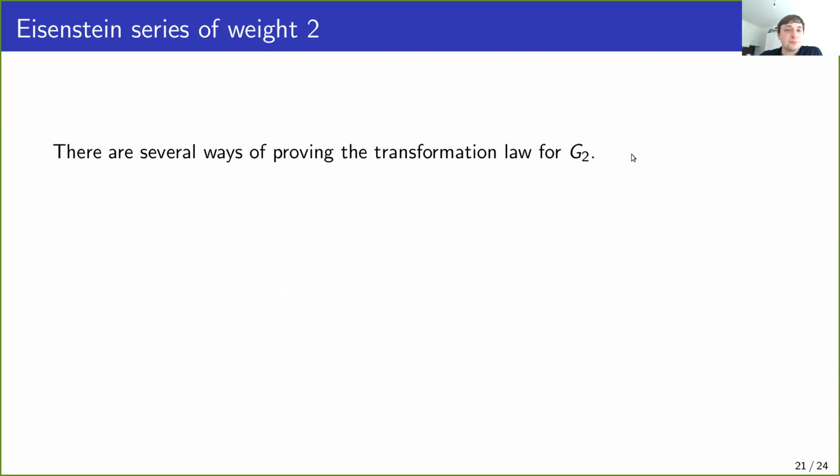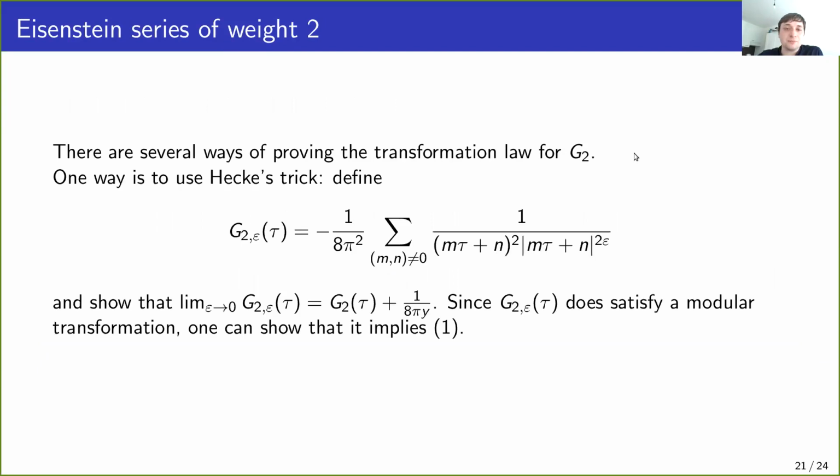One is the so-called Hecke trick. I won't go into details, but it's something very useful in many situations. The only issue is that the proof we used for Gk when k was greater than 2 fails when k is 2, because we no longer have absolute convergence, so we can't rearrange the terms of the series in whichever way we want. But we can recover absolute convergence by introducing this small factor here.